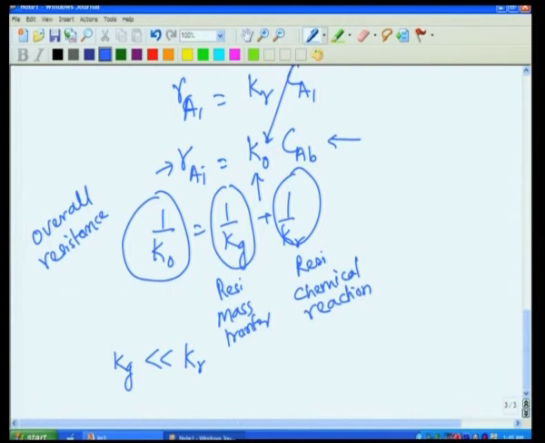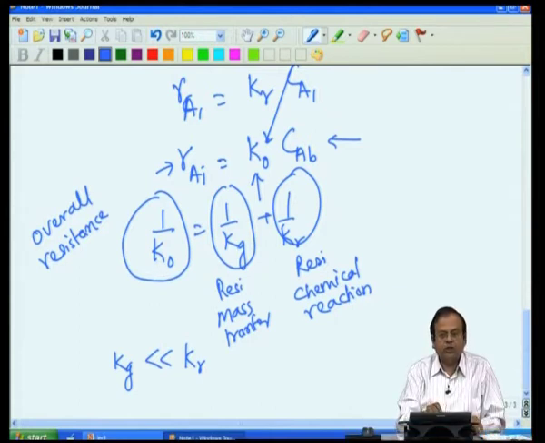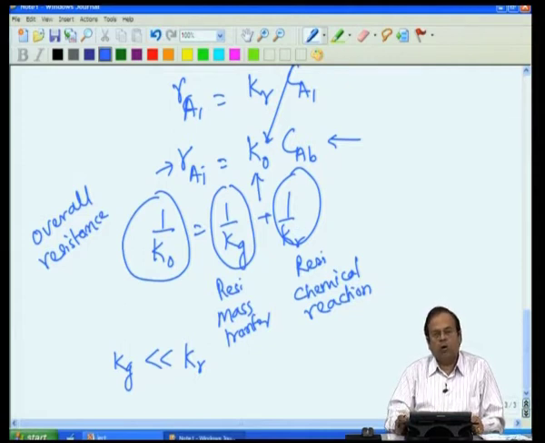So, what we see here therefore is a situation of resistances in series. Overall resistance is an addition of resistance due to mass transfer and resistance due to chemical reaction. So, resistances are inverse of transfer coefficients. So, the higher the resistance, the lower is the value of the transfer coefficient.